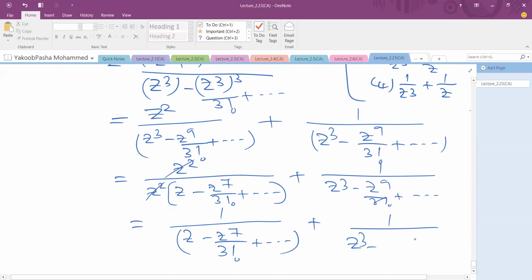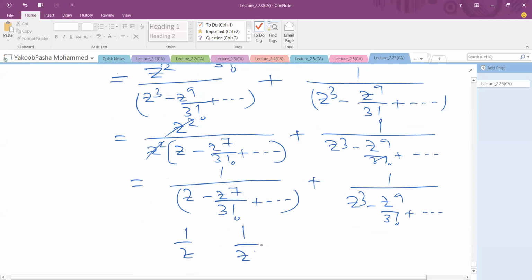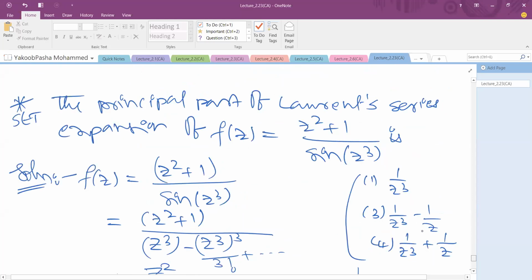Now what is the principal part here? 1 by z is the principal, 1 by z and 1 by z cube. Sum of these two terms are the principal part, the expansion principal part. Okay. So 1 by z cube and 1 by z. Okay. 1 minute.